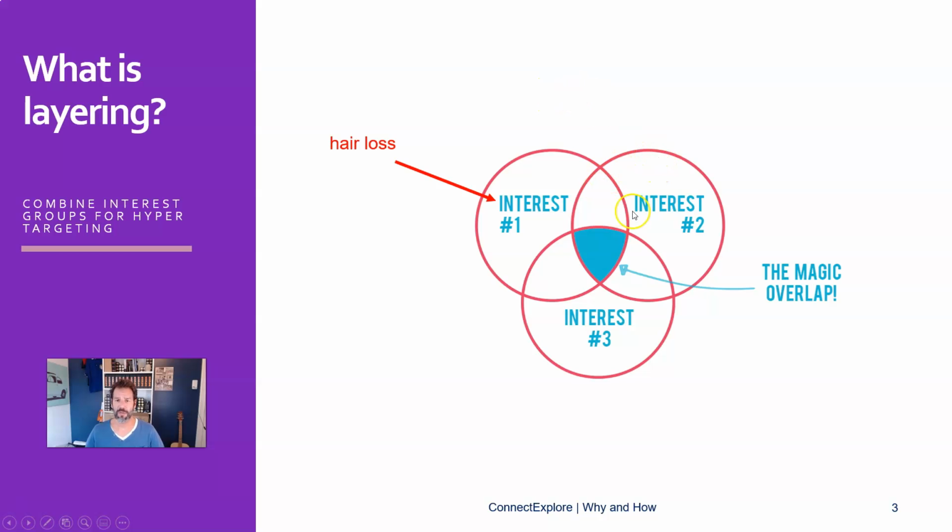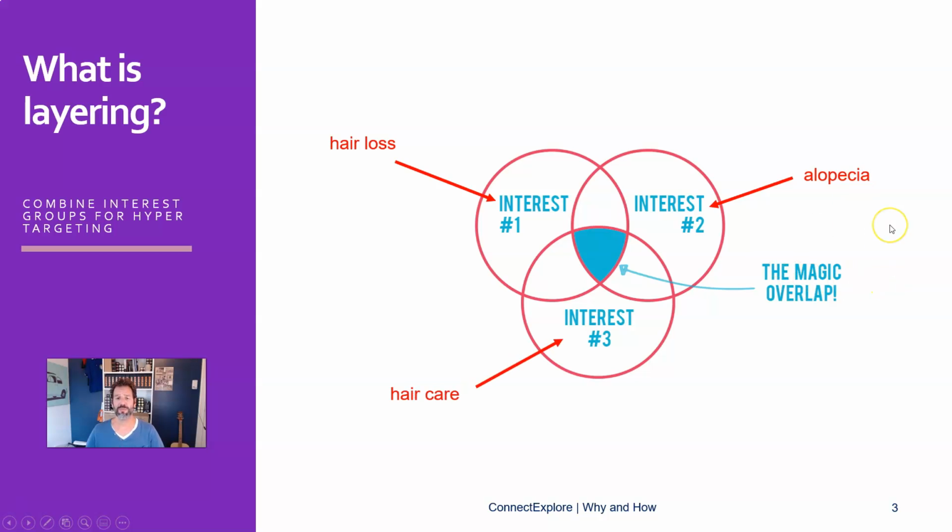So I could add another interest, in this case alopecia. For example, women who suffer from alopecia would have this as an interest. And now we already have two interests that would give us this area to target. So they're interested in hair loss, but they're also interested in alopecia.